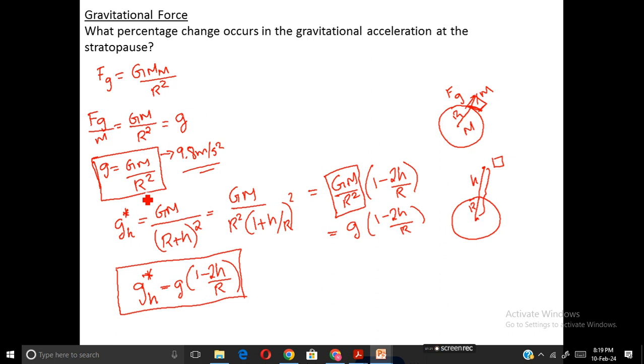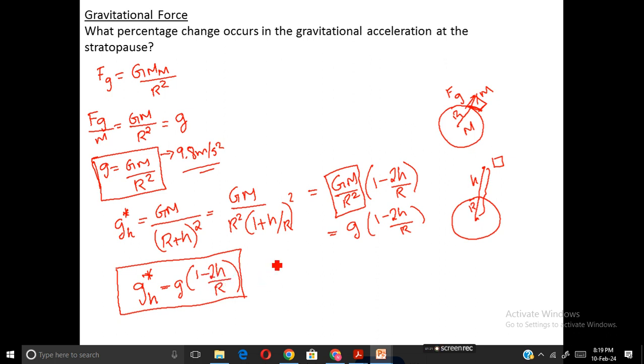Since we are dealing with the atmosphere, let us consider an object at a height h of the atmosphere. So the total distance becomes r plus h. The acceleration due to gravity at height h is given by G M by (r plus h) the whole square. Reducing it further, we get g h star is equal to g into (1 minus 2h by r).